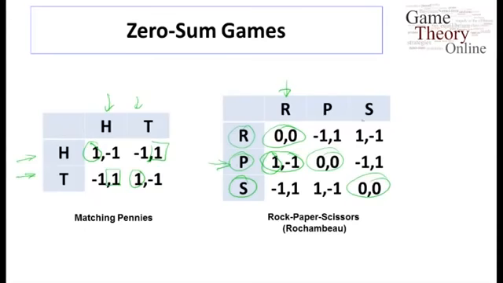You can represent it here. Again, it's a game where one player wins, the other player loses. So there's a positive payoff for one player, a negative one for the other, and they balance out in sum to 0. Rock, paper, scissors, also known as Rochambeau, a very simple and classical game.